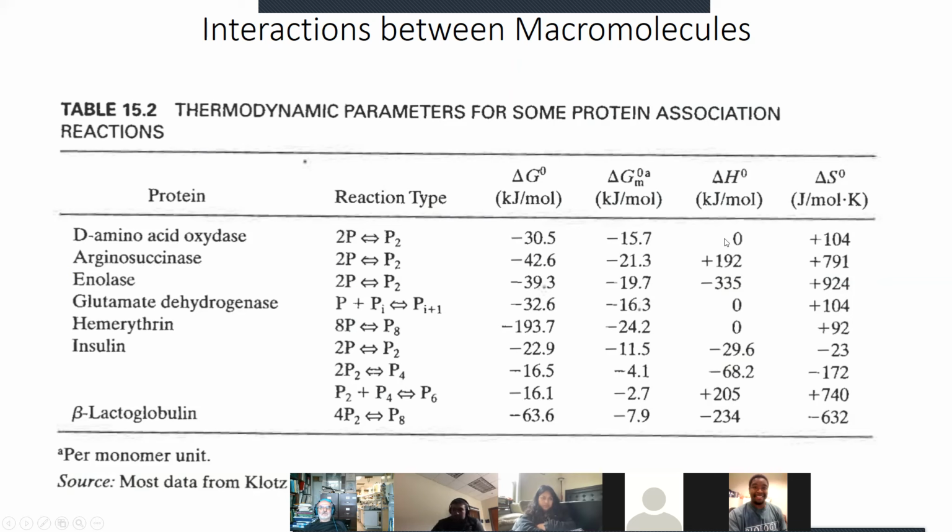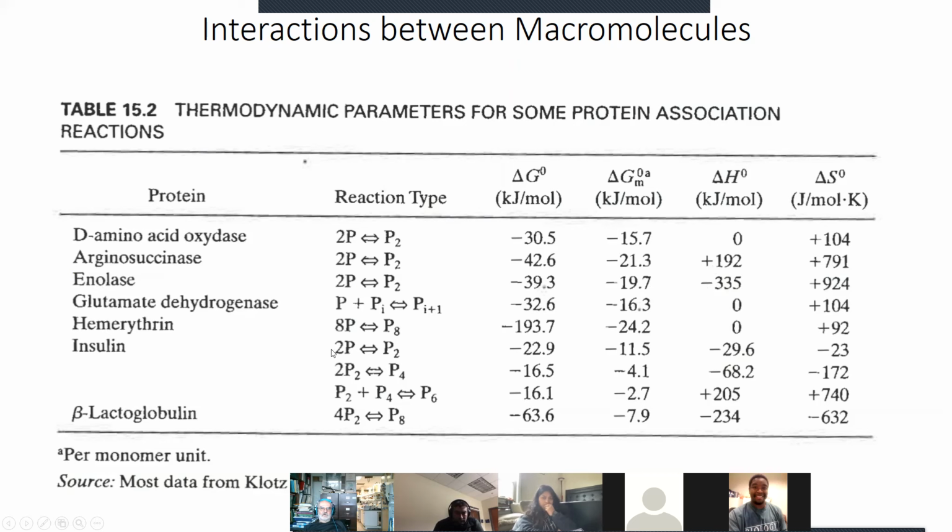Notice it has an unfavorable enthalpy and a positive entropy. So this is also an entropically driven reaction. The enolase is also monomer-dimer. Necessarily, the free energy of the equilibrium is negative, otherwise the reaction wouldn't occur. The enthalpy is negative, so it's enthalpically driven, but the entropy is also positive, so it's also entropically driven.